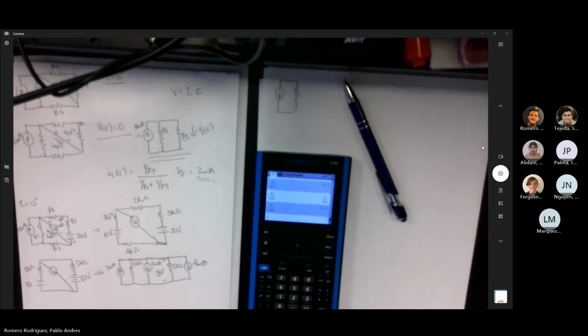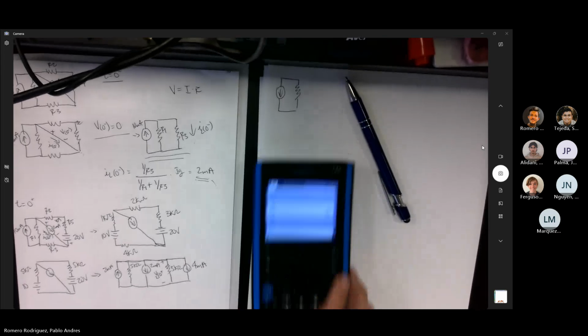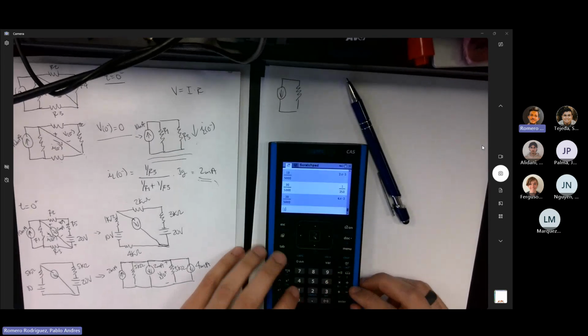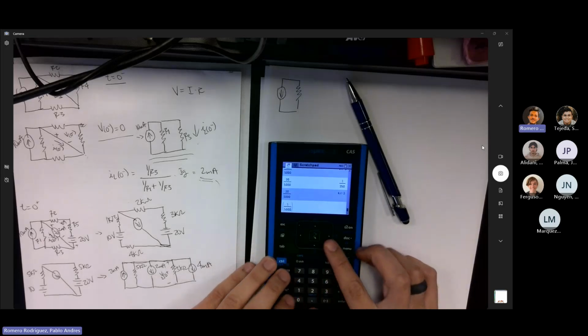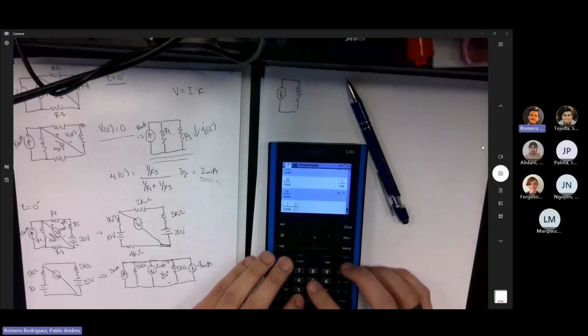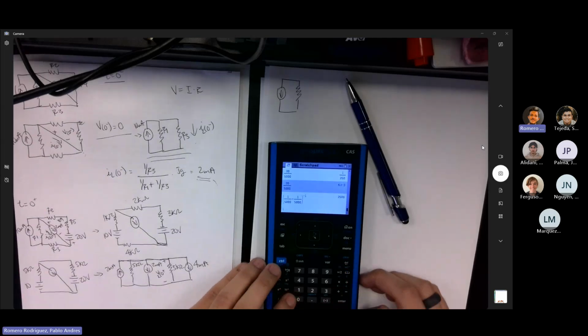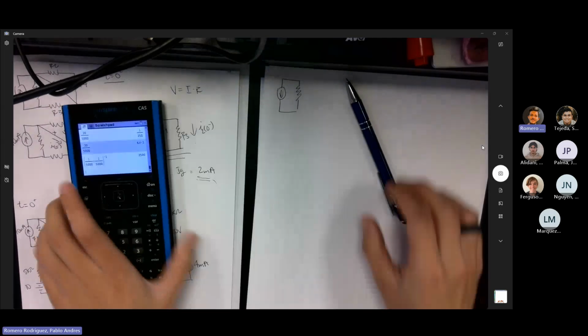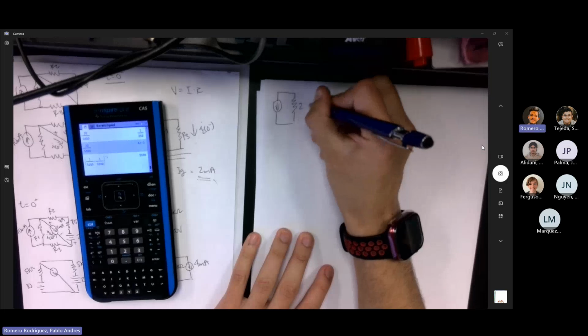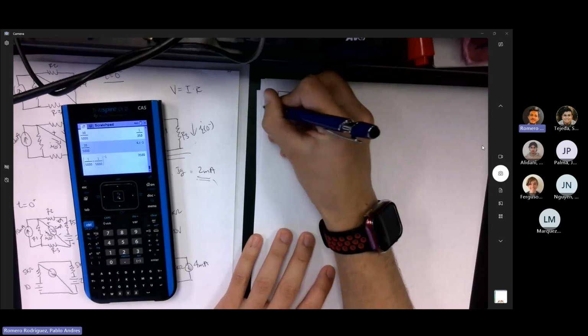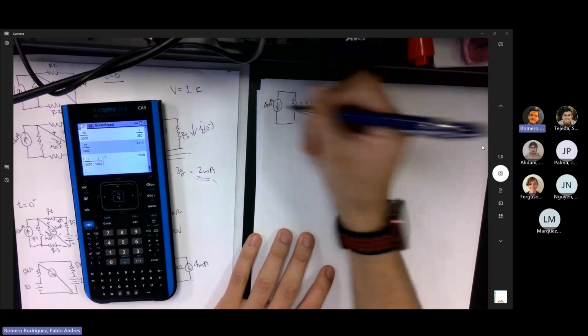If this thing would focus, I would show you how I would calculate it. Okay. So in parallel, 1 over 5,000 plus 1 over 5,000, all of this to the -1. So I get 2,500. So 2.5K ohms, 4 milliamps.